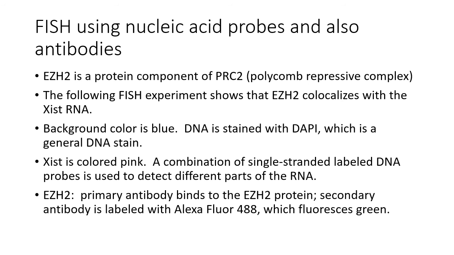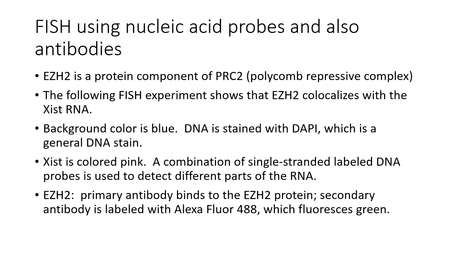Okay, so what we're going to look at mainly is this protein called EZH2, which is a component of the PRC2. And we're going to see that it co-localizes with the Xist RNA that we can see in the FISH experiment. So the background color is blue, DNA stained with DAPI.